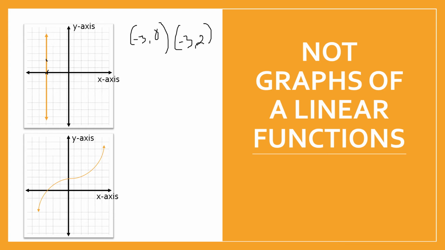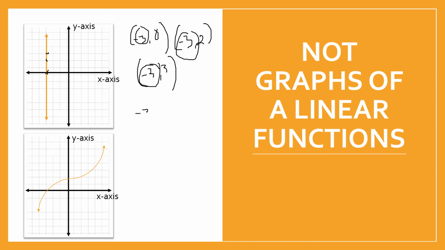Now, if we're going to locate this point, again, the x value is negative 3, and the y value is 3. You notice the x values here are being repeated, so therefore it's not a function. Once the value of x is paired with values of y, there are 3 values of y here, right?